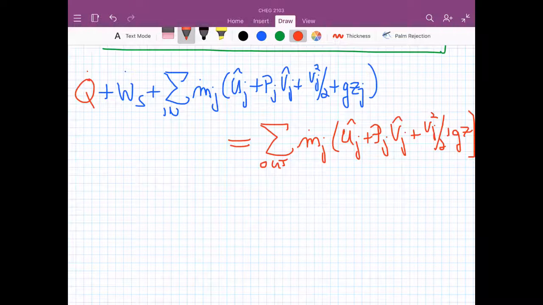And so these two are the same, just inlet and outlet.